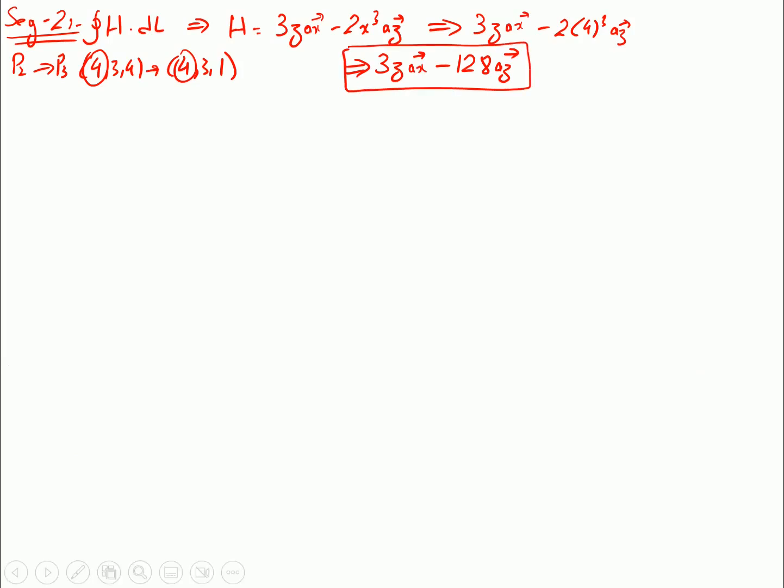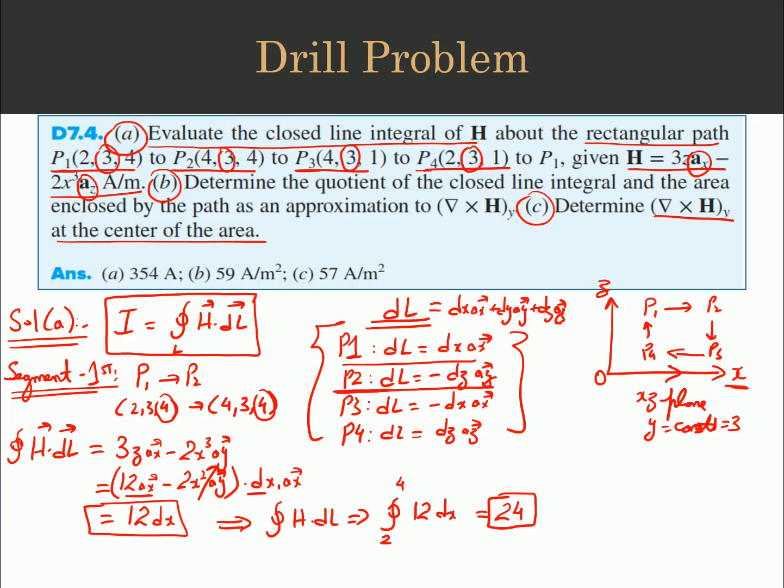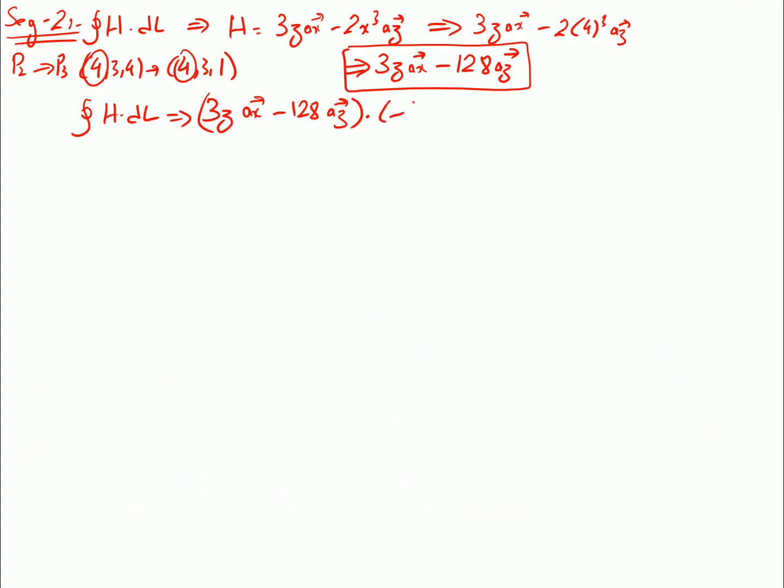Now once we have this, we multiply it with dL. So H dot dL is going to be 3z along a_x minus 128 along a_y, multiplied with dL. dL for the second path is minus dz a_z. Again the a_x term will be 0, and a_y dot a_z will be 0 as well, so it is 128 dz with the sign flipped. Now we can integrate 128 dz.